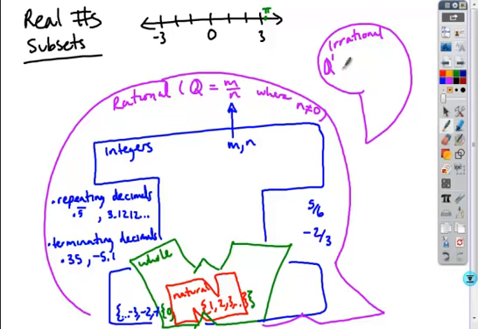It's a Q with a little apostrophe. That's your set of irrational numbers, and these are numbers that cannot be expressed as a fraction of two integers. So this includes things like pi, which is an irrational number, and e, which is an irrational number.